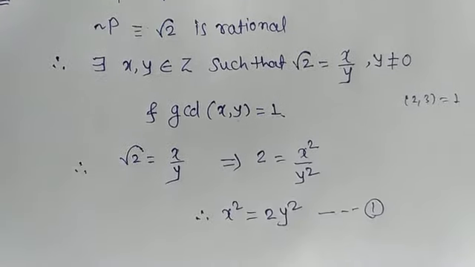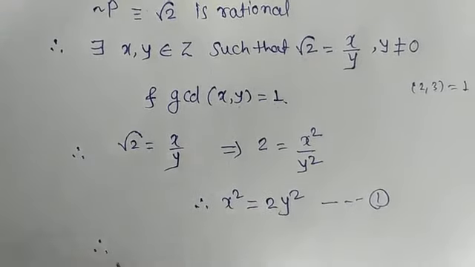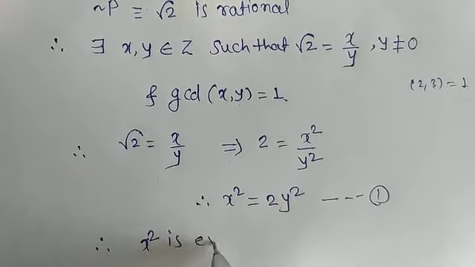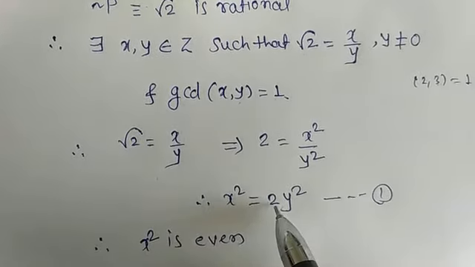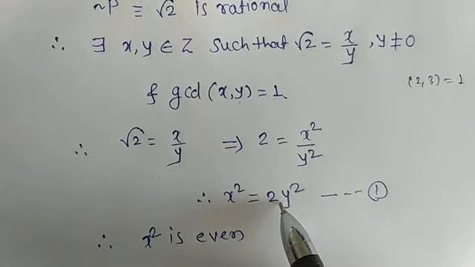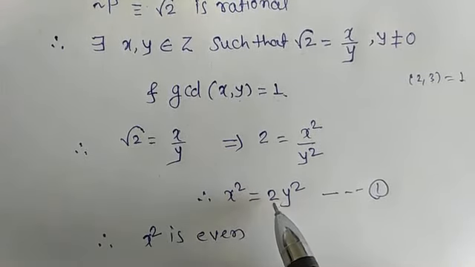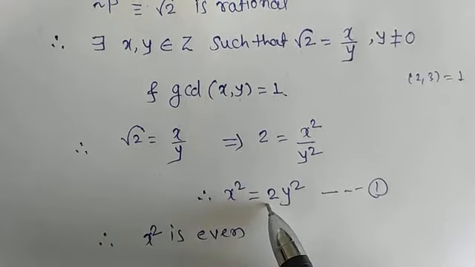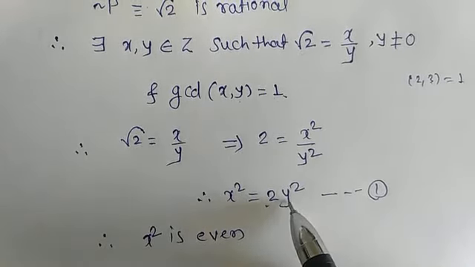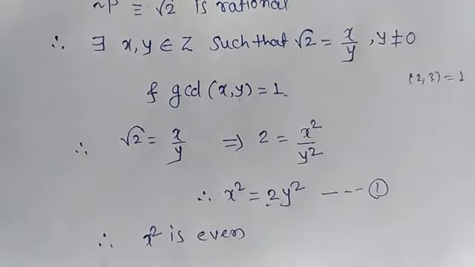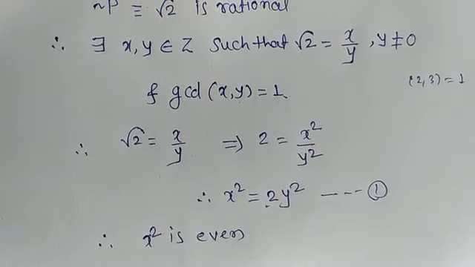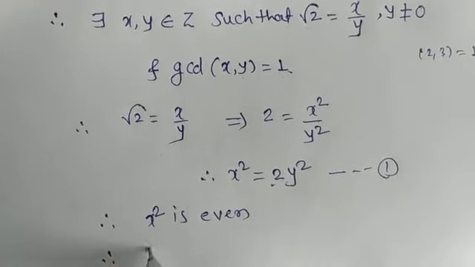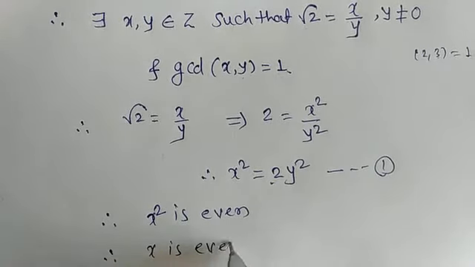Now here x square is even because it is a multiple of 2. X square is equal to 2y square, which means x square is written in the form of a multiple of 2, because the definition of an even number is a number which is a multiple of 2. Now if x square is an even number, then x is also even.